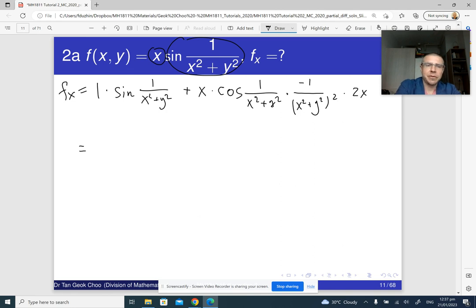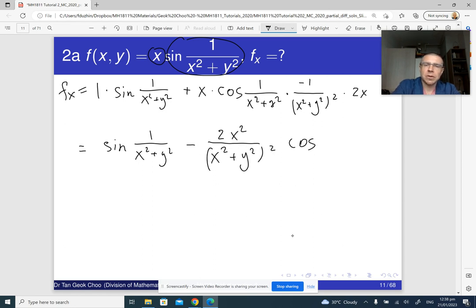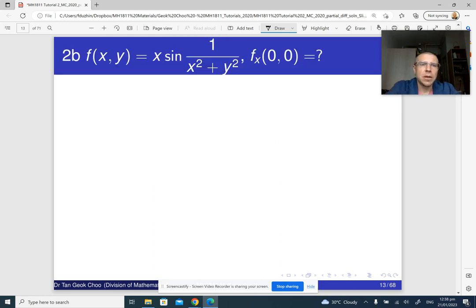Now we can simplify it into sine of 1 over x squared plus y squared, minus, there is x times 2x, so it's just 2x squared divided by (x squared plus y squared) squared, times cosine of 1 over x squared plus y squared. Okay, that's the answer to part A. Fairly straightforward.